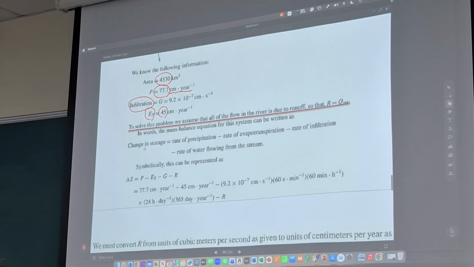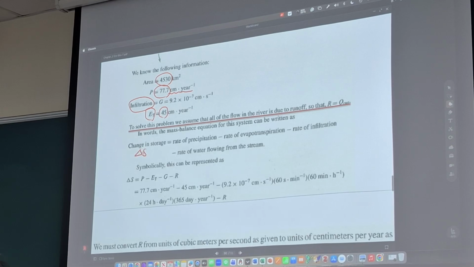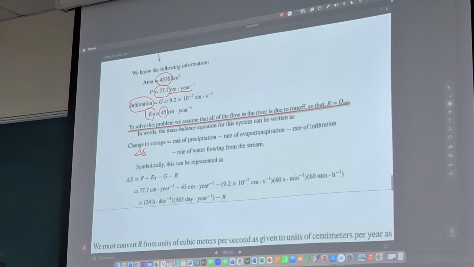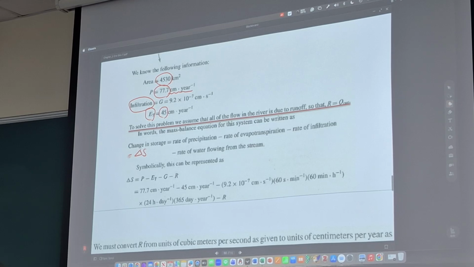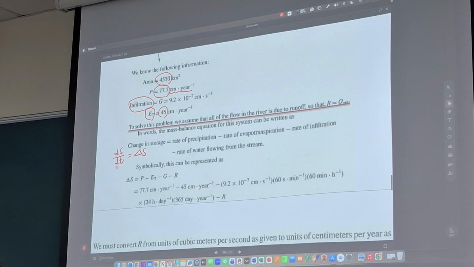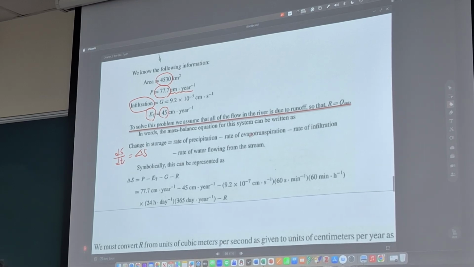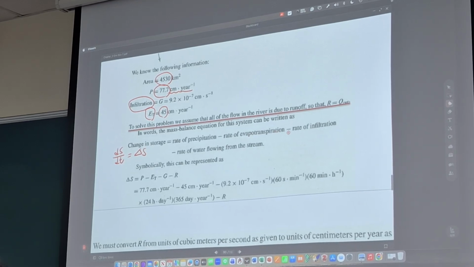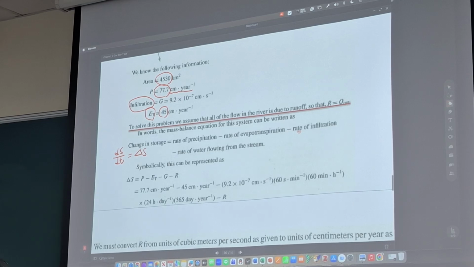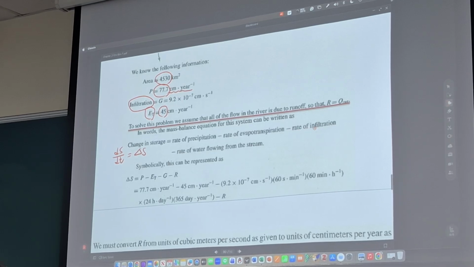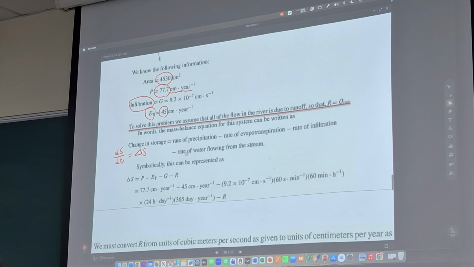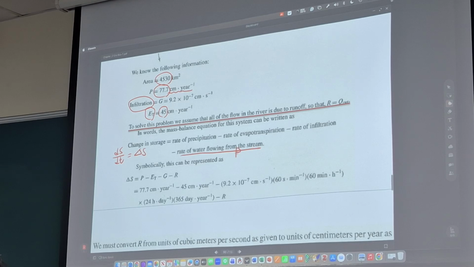So students, delta S, or you can regard this as dS/dt. The change in storage equals the rate of precipitation minus the rate of evaporation minus the rate of infiltration minus the rate of the water flowing, so this is runoff.